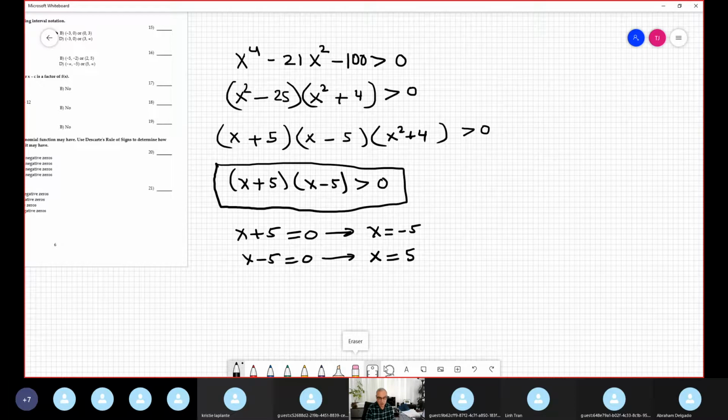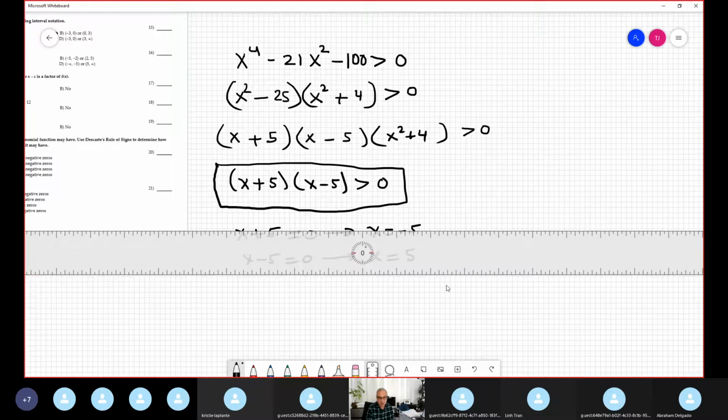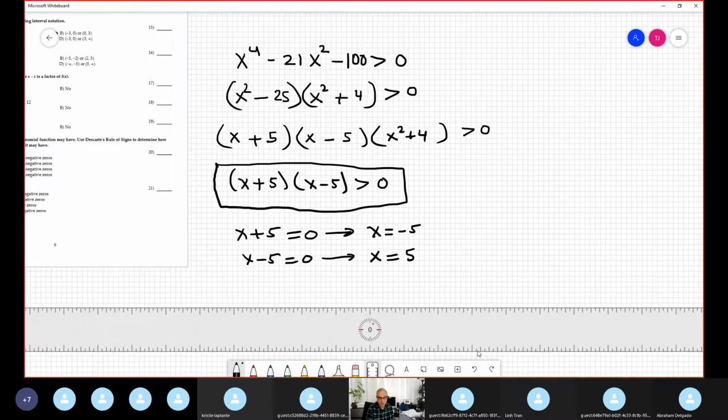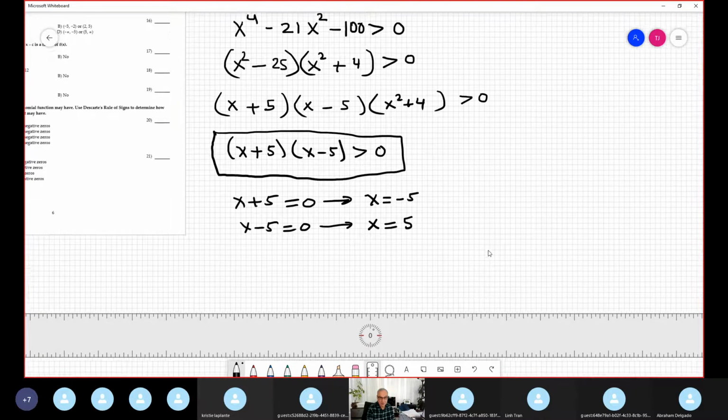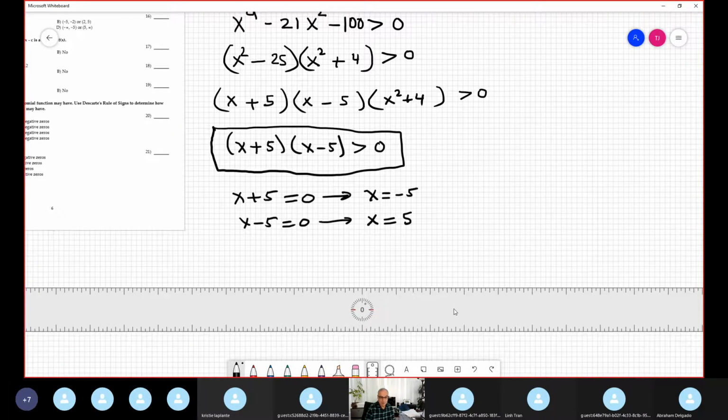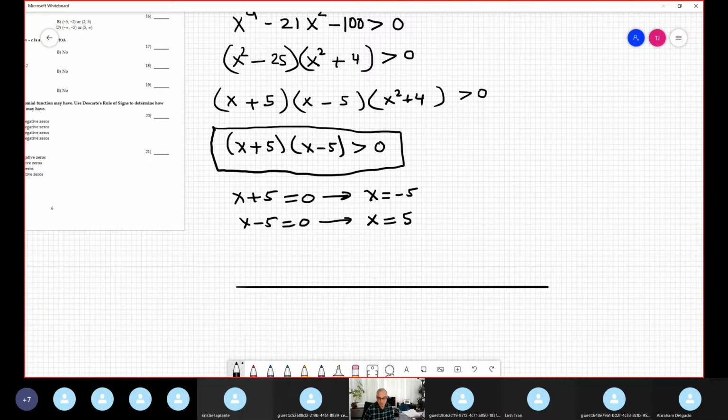We use, as always, these critical values to make partitions of the whole real number line. Okay, 5 positive and 5 negative.